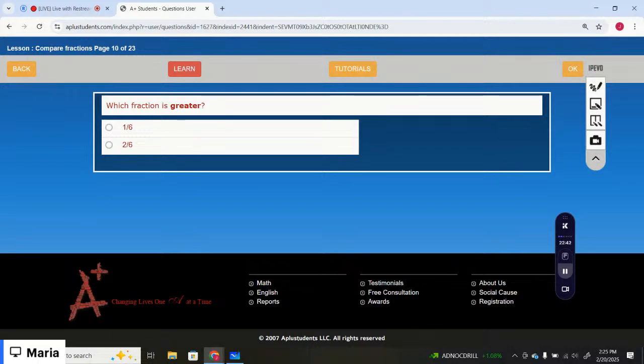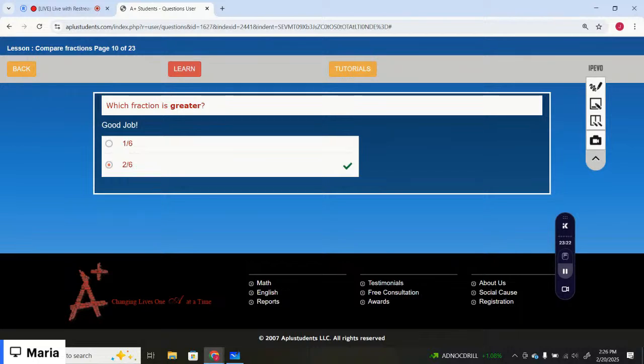Which fraction is greater, 1 by 6, 2 by 6? So which is the correct option? The greater one is 2 by 6. Option number 2 is the correct option.